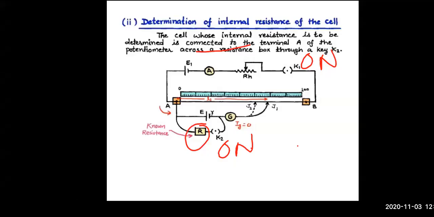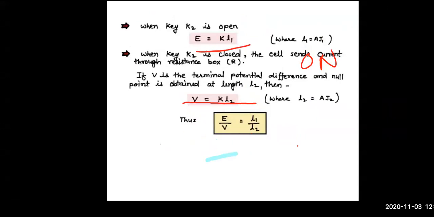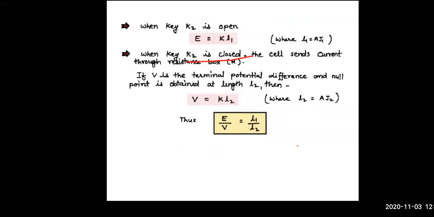So when K2 is on, the cell sends current through the external resistance. Now we will slide the jockey and suppose at jockey position J2 we get the balance length, and let that balance length be L2. Right, children?